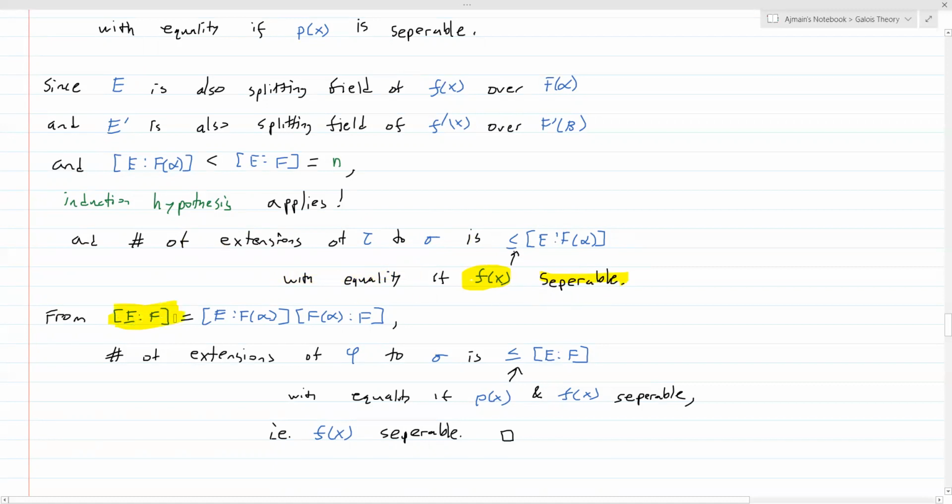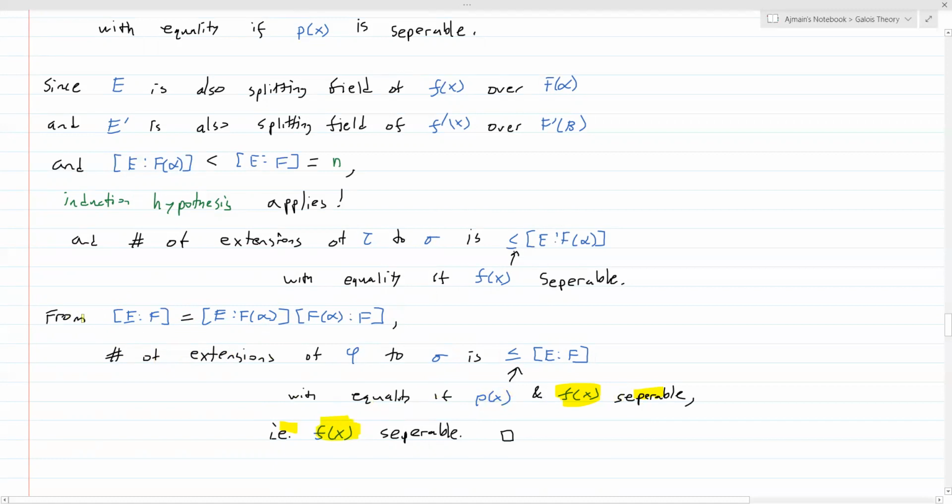From the degree of E over F being equal to the degree of E over F adjoint alpha times the degree of F adjoint alpha over F, the number of extensions of phi to sigma is less than or equal to this total thing, with equality if p of x and f of x are separable, i.e. if f of x is separable.